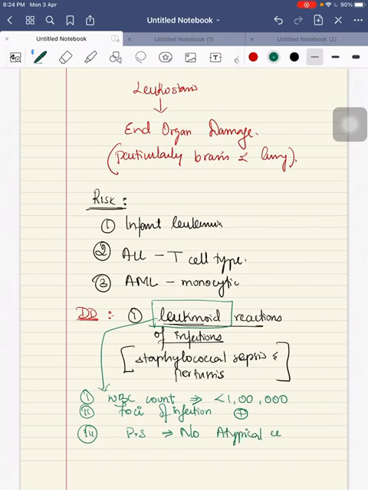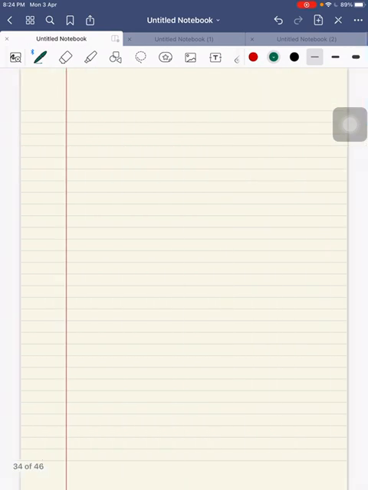Third, in the peripheral smear there will not be atypical cells or blast cells. You can see mature cells. So this is the difference between leukemoid reaction and hyperleukocytosis.